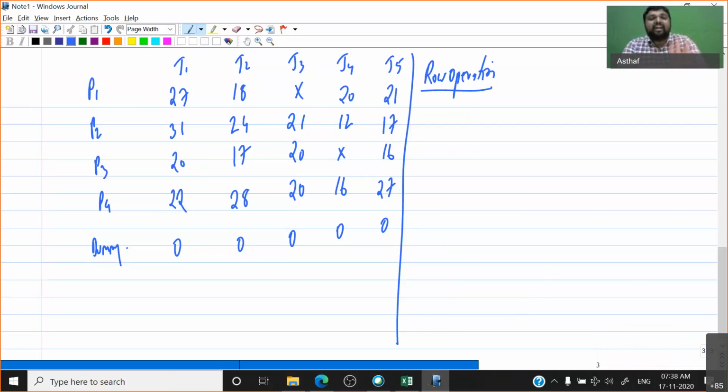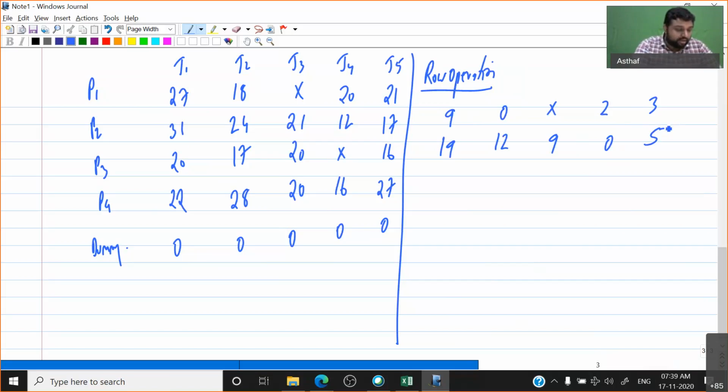We have to identify the least number in the row. In this row, what is the least number? 18 is the least number. So you have to deduct it from the row. 27 minus 18, if I am not wrong, you will get 9. 0, and so on. Like that for each row. Here the least number is 12. So 31 becomes 19. Again you will have 12, 9, 0, 5.